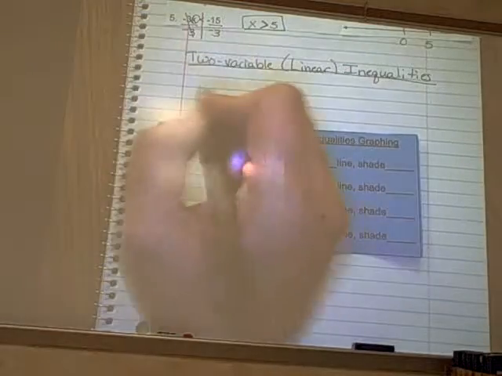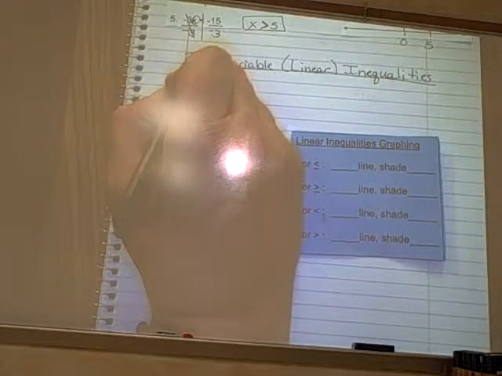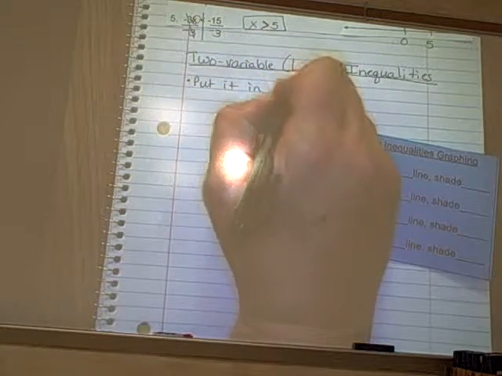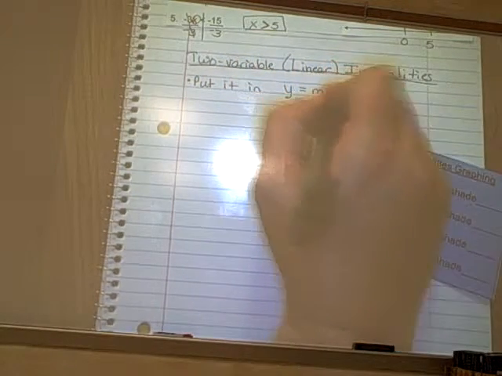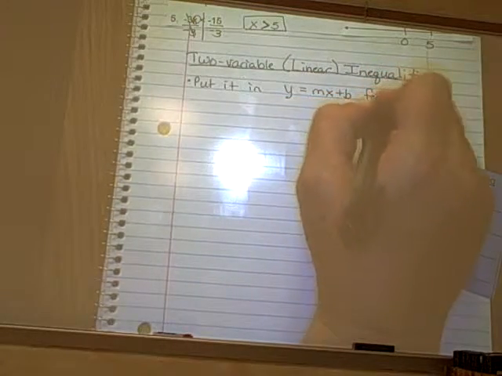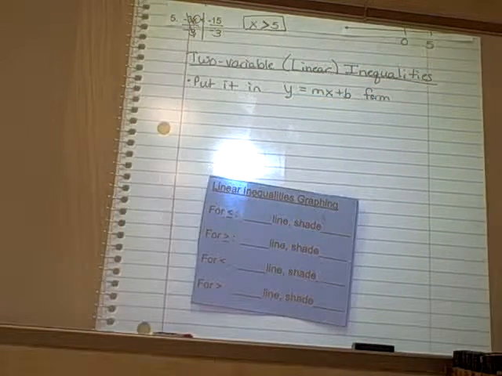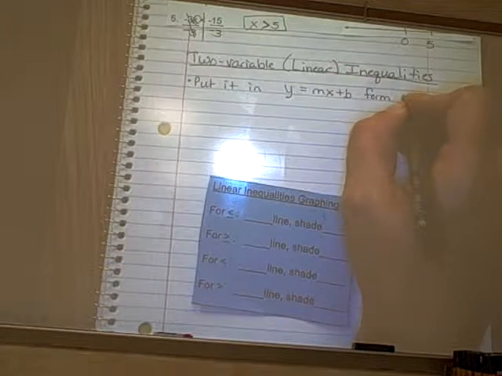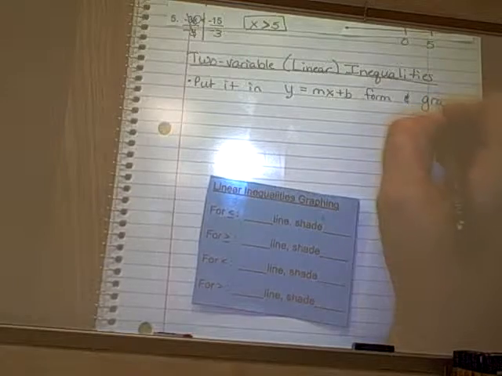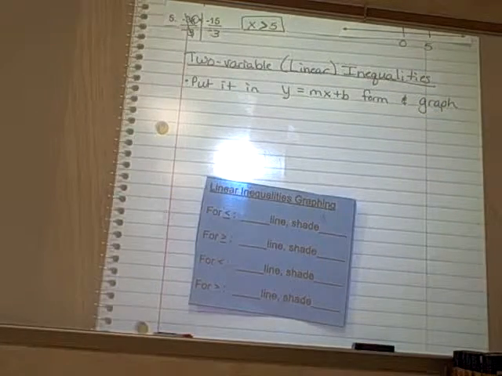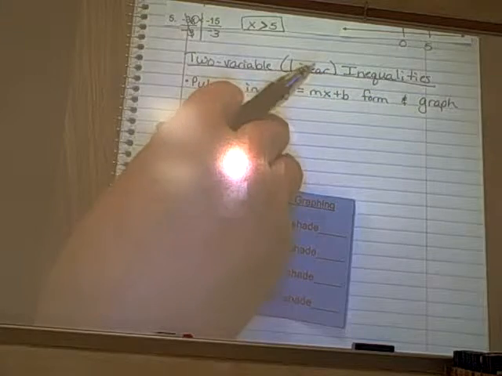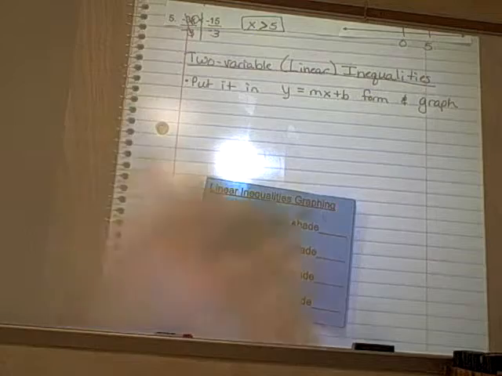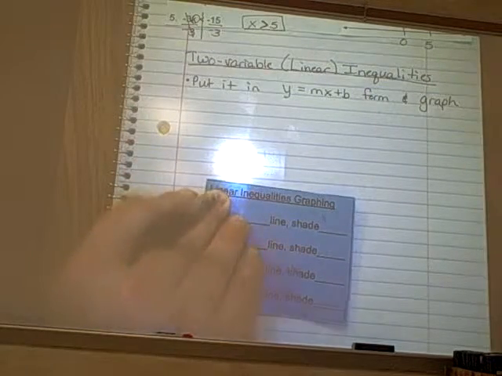What you're trying to do, let me write this first: put it in y equals mx plus b form, except for instead of an equal sign, you're going to have an inequality symbol there. And graph. Because your answer to these is the graph. You don't have like an x equals 5 type of answer. Your answer to these is going to be your graph, your picture of the graph.